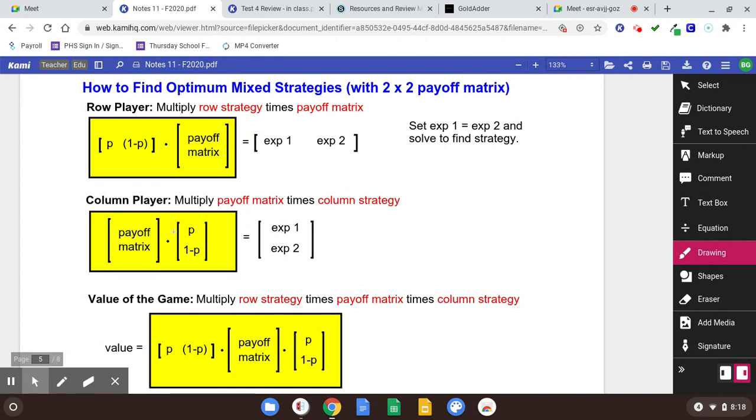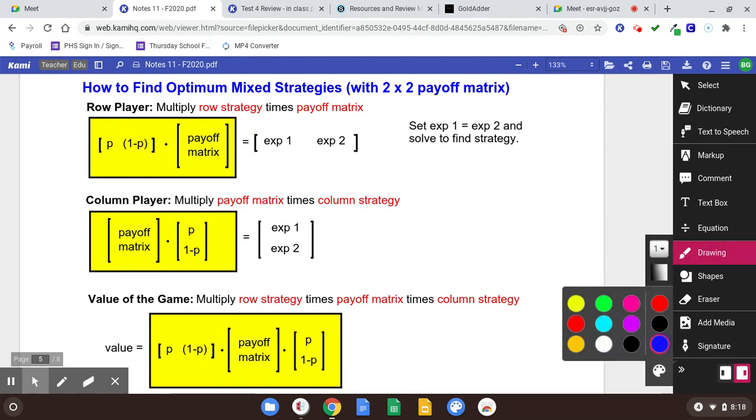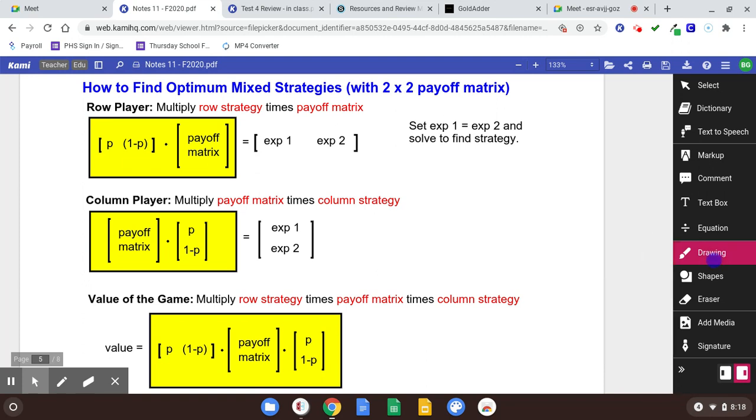If you remember back to when we learned about multiplying matrices, this will be a 2x2, and this is a 2x1. Remember how these two numbers had to match? When we find the column player, it has to be in that order, otherwise the multiplication is not going to work.